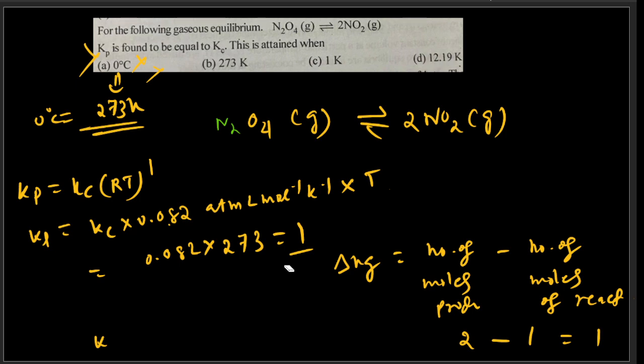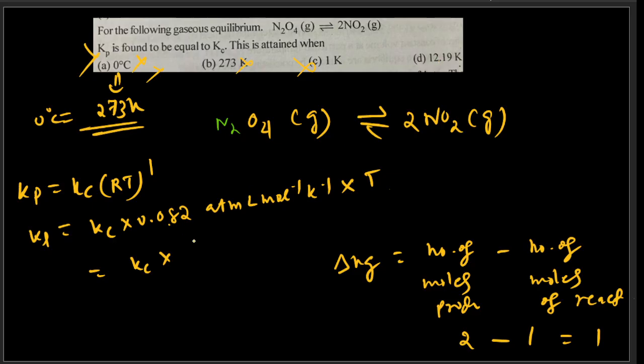Next, if we put 273, so 0 degree centigrade into 273 Kelvin, this is the same, so this is also wrong. And if we put 1 Kelvin, then also Kc into 0.082 is not getting 1, and you want this value as 1, so this also does not match.